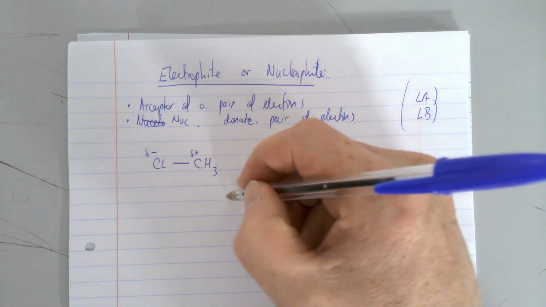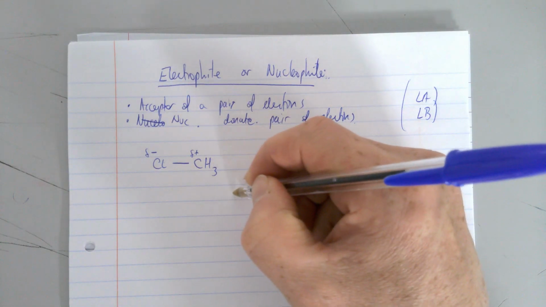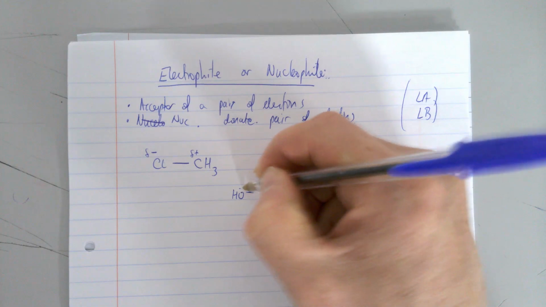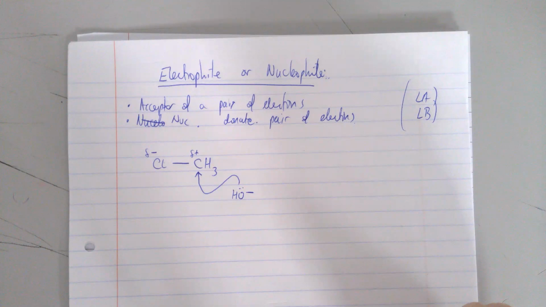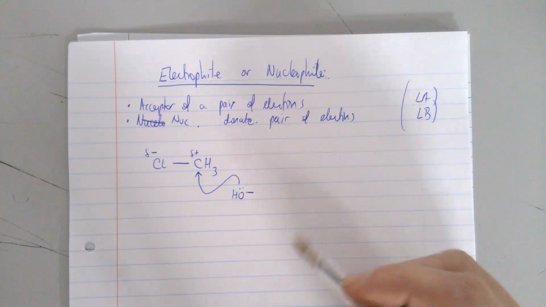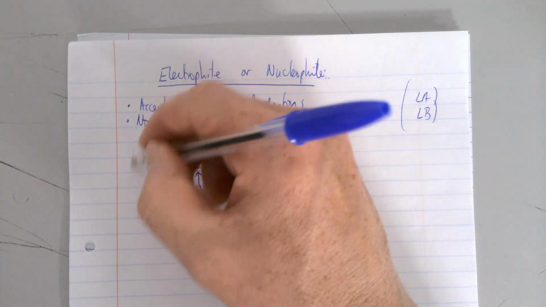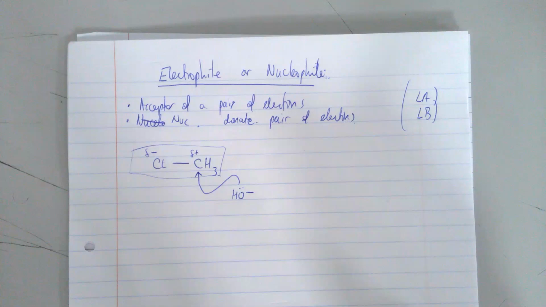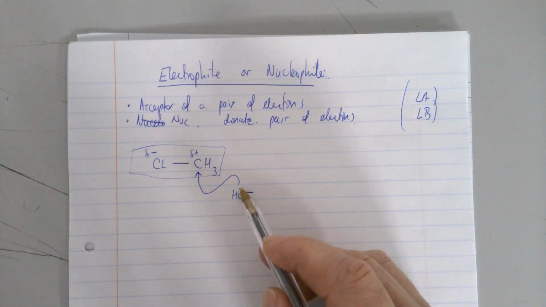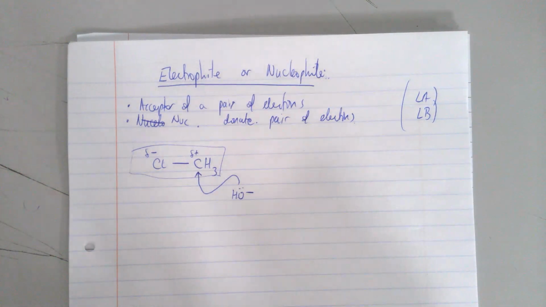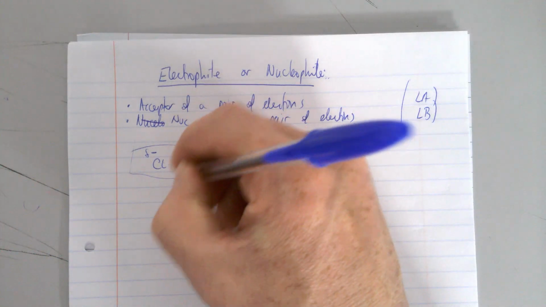And for example, in the SN2 reaction, we've got a nucleophile like a hydroxide attacking that delta positive carbon.